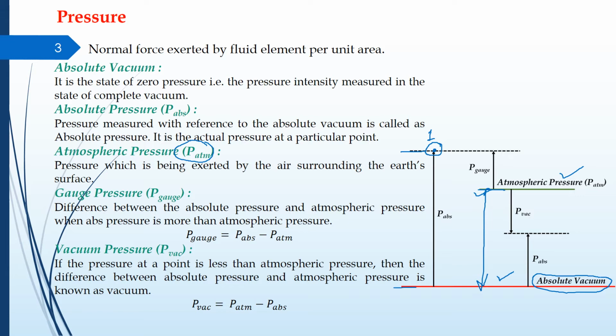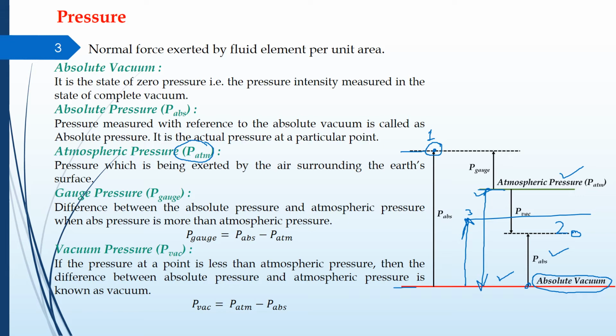Also suppose we take another point, point 2, and measure the pressure with respect to the absolute vacuum; again it will be called absolute pressure. Suppose there is another line, point 3, and we measure the pressure over here; that will also be the absolute pressure. So any pressure more than the absolute vacuum, measured with respect to the absolute vacuum reference level, will be called the absolute pressure.